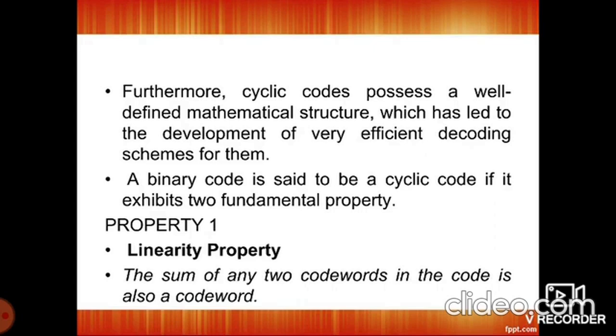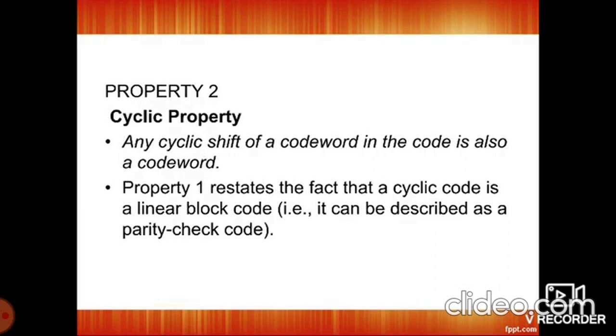The linearity property tells us that the sum of any two code words is a code word. The cyclic property tells us that the cyclic shift of a code word is also another code word.